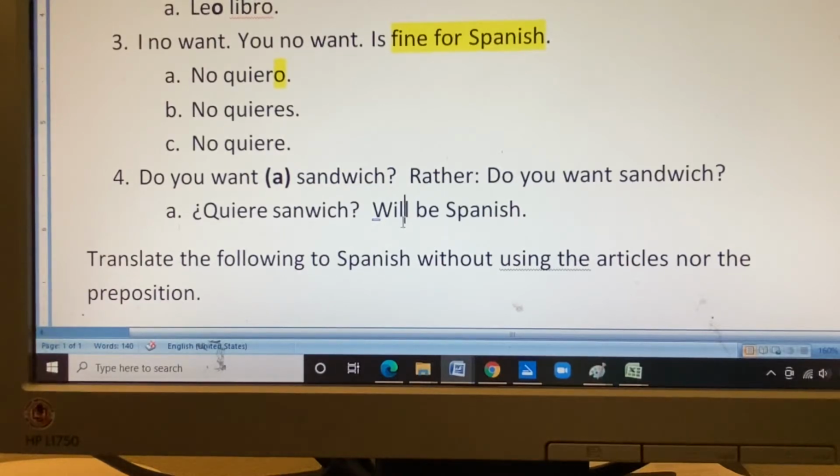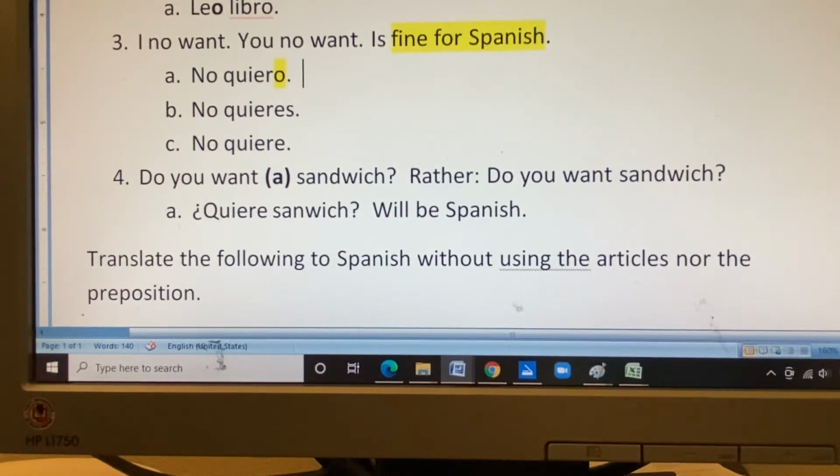So in Spanish, all you got to say is no quiero, meaning I don't want. And in Spanish, you don't have to say it. Do you want this? No quiero is just fine. Do you want that? No quiero is perfect for Spanish.